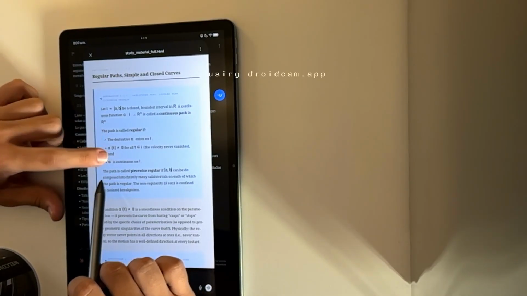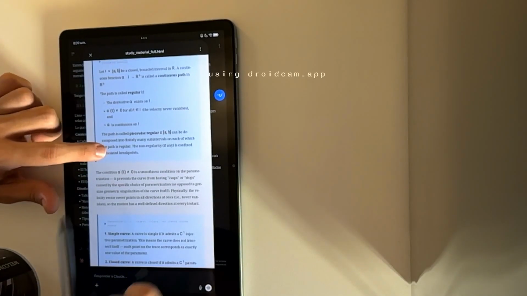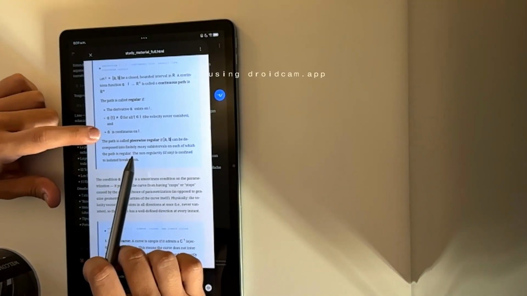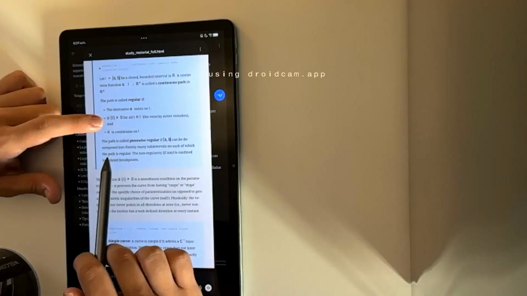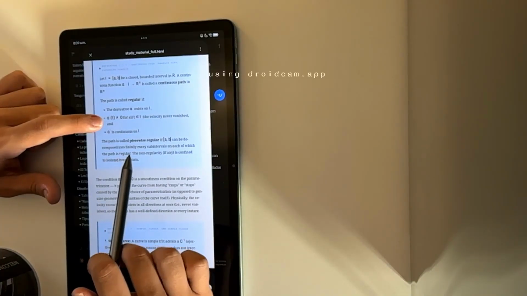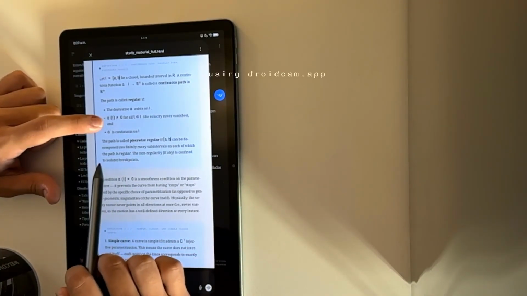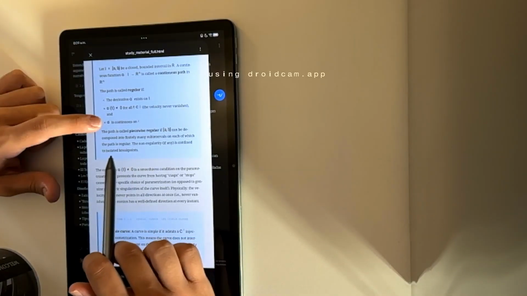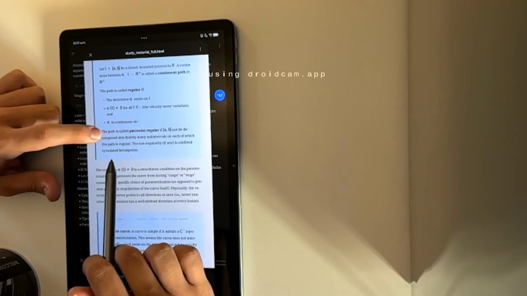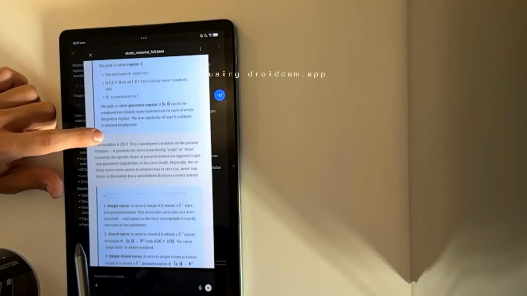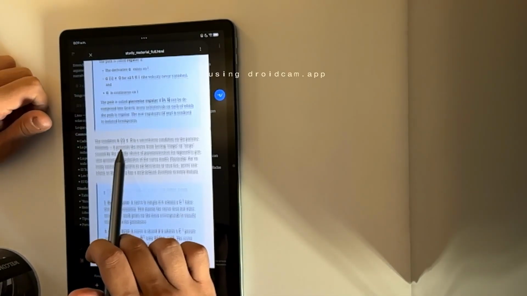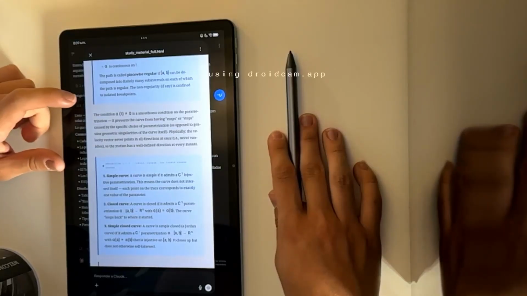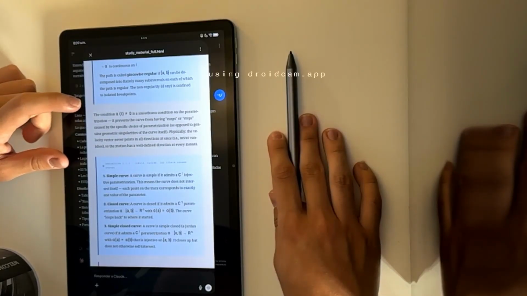The path is called piecewise regular if [a, b] can be decomposed into finitely many subintervals, on each of which the path is regular; the non-regularity, if any, is confined to isolated breakpoints. The condition alpha prime of t different from 0 is a smoothness condition on the parametrization.